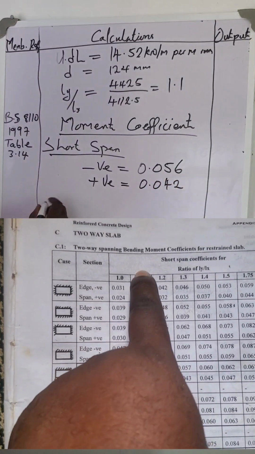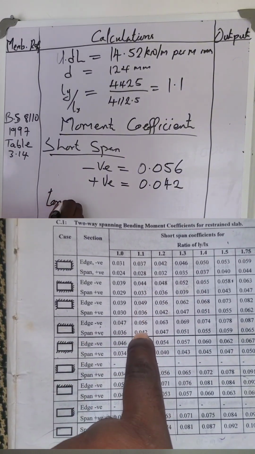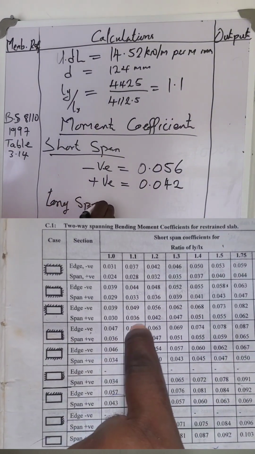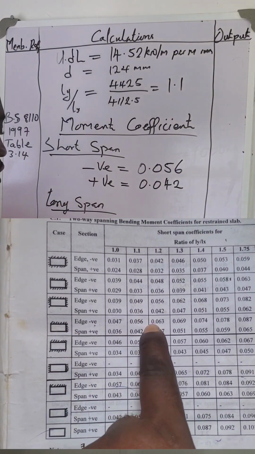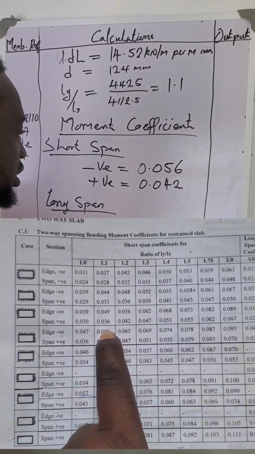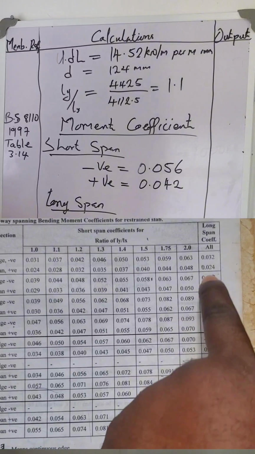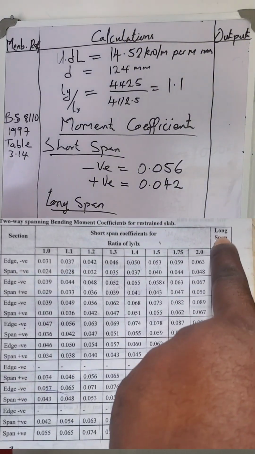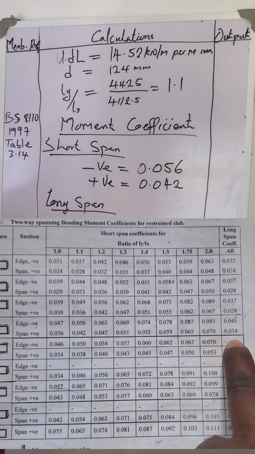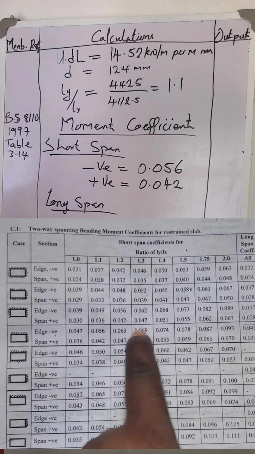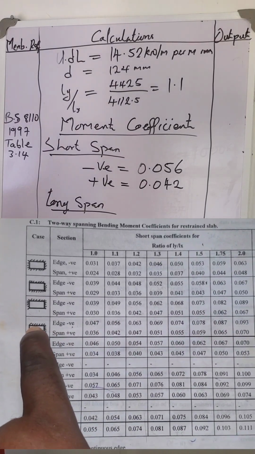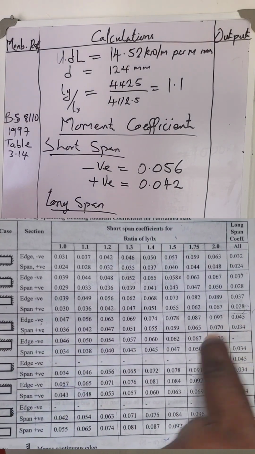All right. Then the long span. The negative moment coefficient, we also go to that place, trace it down. But in this case, we have a long span coefficient for all values, in that particular case. This is case 4.